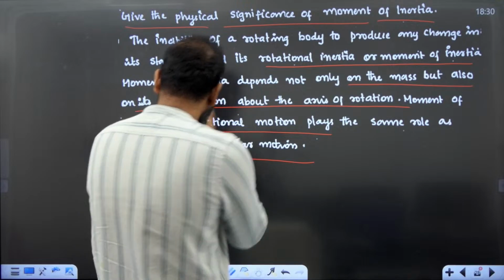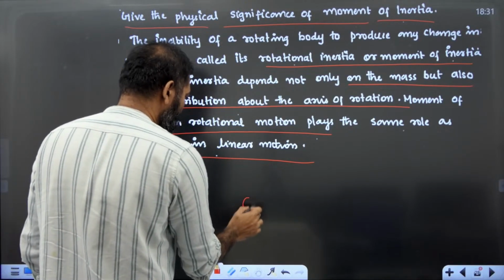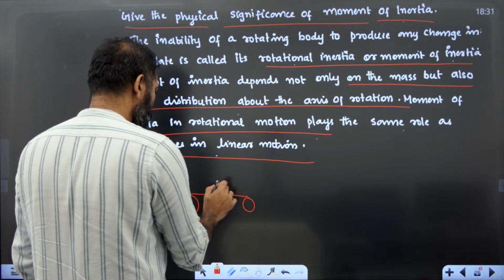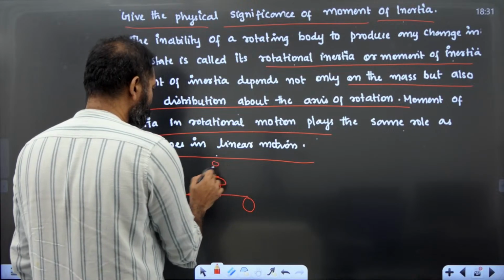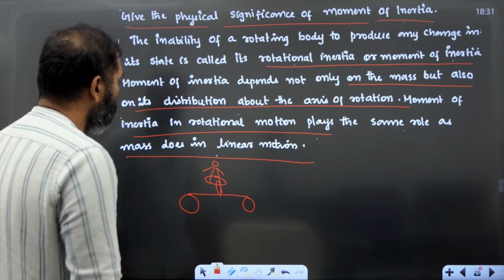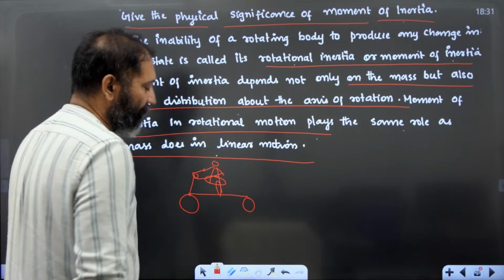Yeah, Aradi, when you cycle, I am trying to draw a figure of a cycle. Suppose this is a handle. A person is sitting on the cycle. He or she drives the cycle for a certain period of time.